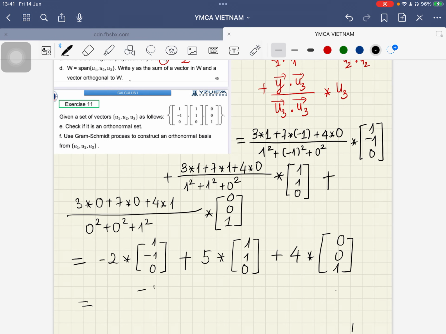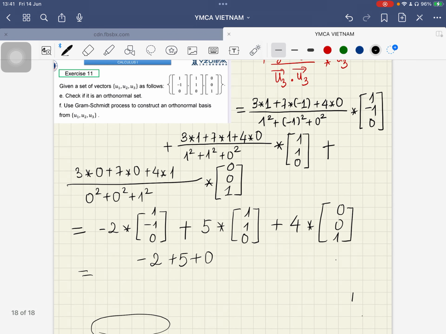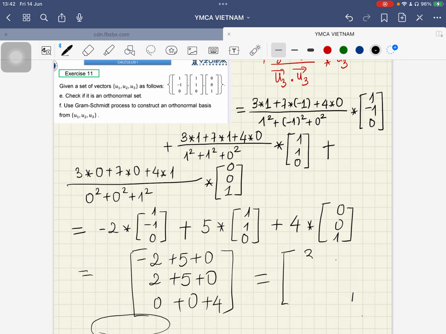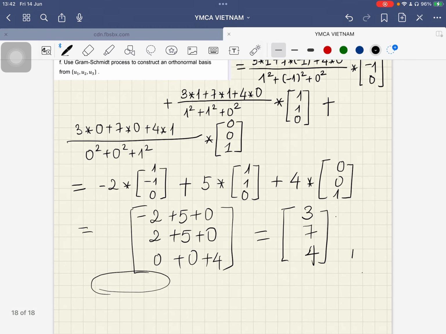So we will have -2 plus 5 plus 0, 2 plus 5 plus 0, and 0 plus 0 plus 4. So this is equal to 3, 7, and 4. Okay. Yeah, we have y hat is equal to 3, 7, 4.